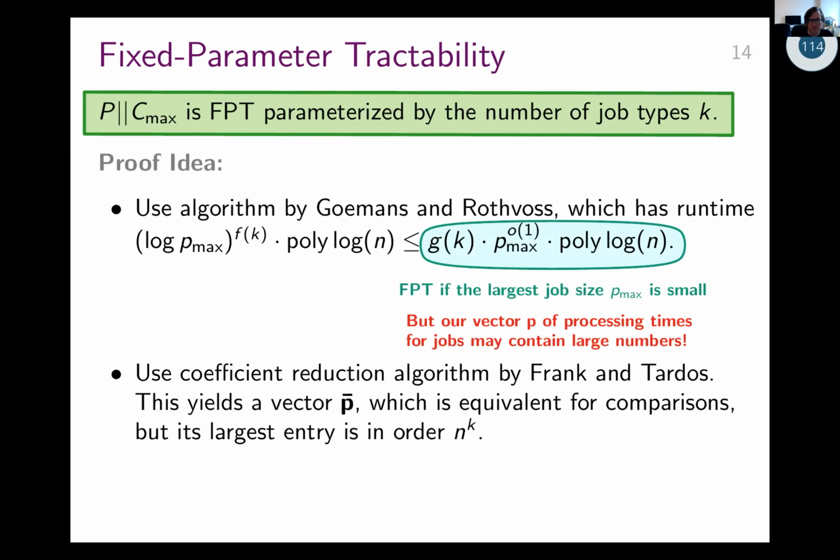So what do we do? There's an algorithm of Frank and Tardos from 1987, which basically, if you have a vector of numbers, and you should think of it as a hyperplane, okay? And the hyperplane somehow has high complexity. It uses large numbers. It has a very long encoding.